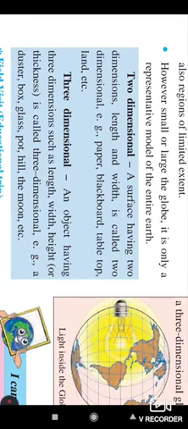An object having three dimensions, length, width, height, is called three dimensional, such as a duster, box, glass, pot, hill, a moon, etc.